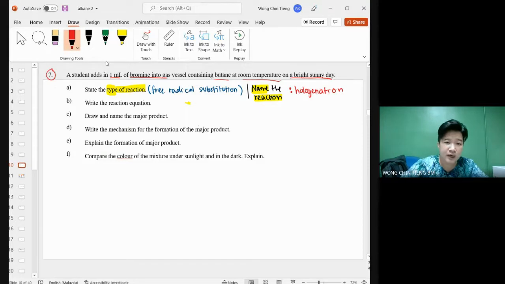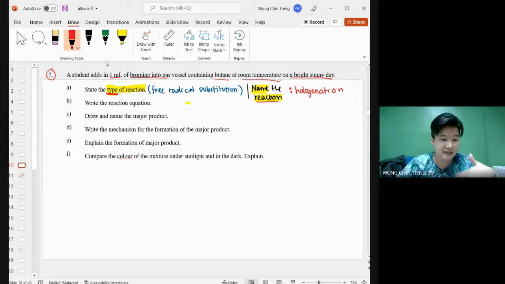Nampak beza? Berhati-hati. Kalau soalan ada perkataan type of reaction, your answer is those substitution, addition, elimination, rearrangement, that is your answer. Tapi kalau soalan cakap name the reaction, that particular reaction adalah apa? Apa yang berlaku? That is your halogenation, your oxidation, your dehydrohalogenation.